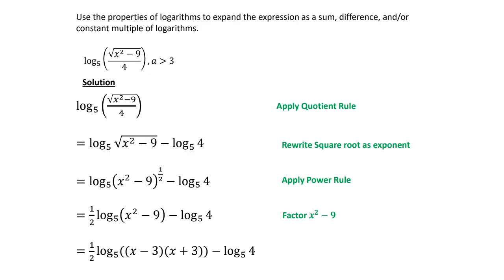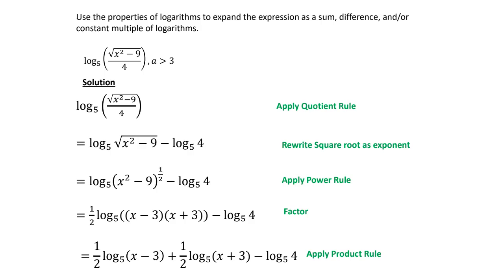My product rule says that when you have two things being multiplied in a log, you can expand it by adding the two logs together. So I have 1/2 log of base 5 of x minus 3, plus 1/2 log of base 5 of x plus 3, minus the log of base 5 of 4. If you see, I went from one log to three logs. I expanded my log into multiples, and all of my values have a constant coefficient. I don't have any power rules, I don't have any squares or cubes or anything like that.